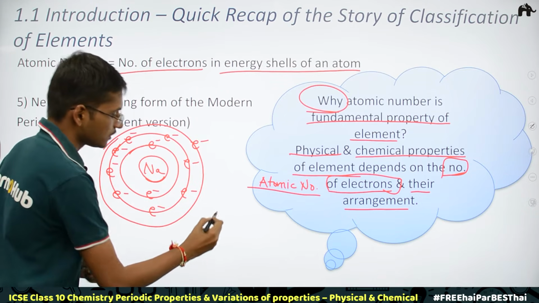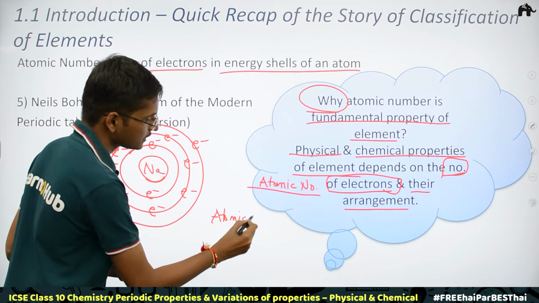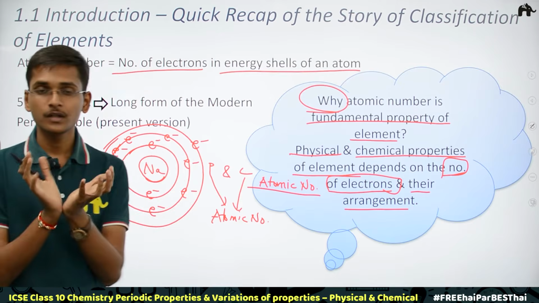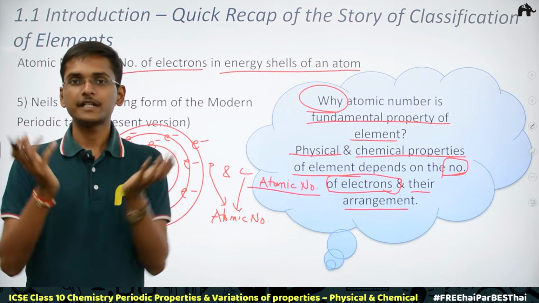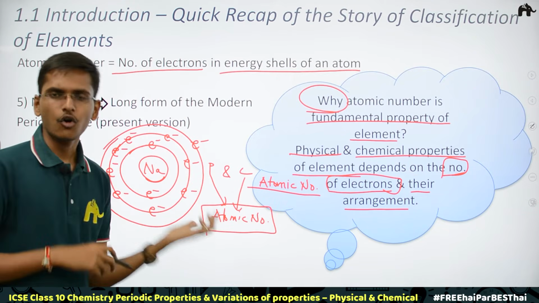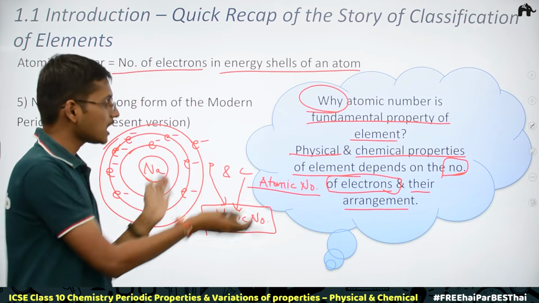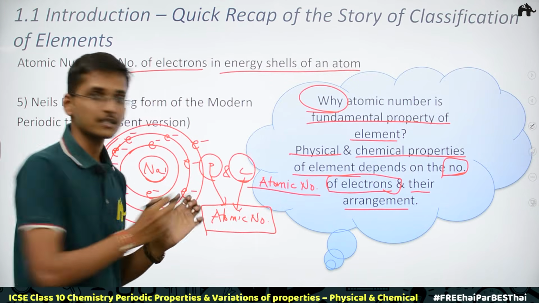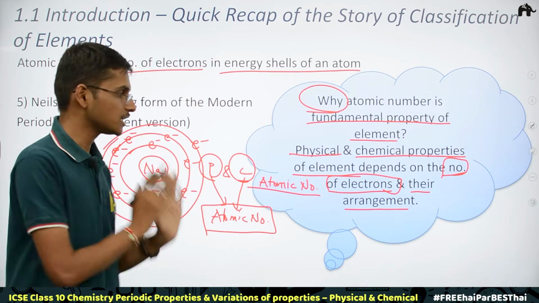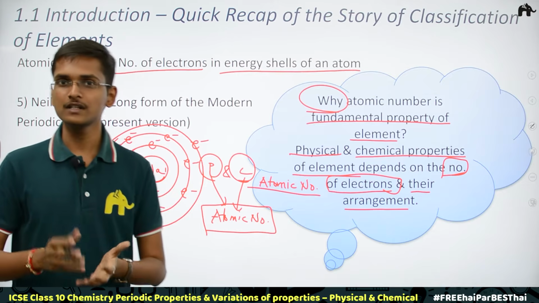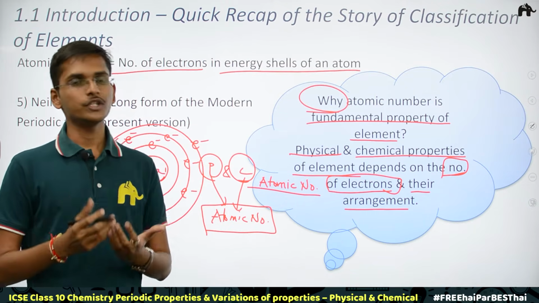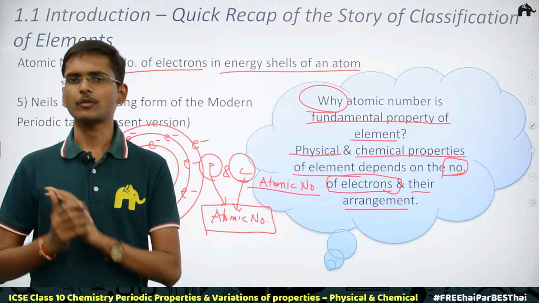If the other physical and chemical properties of the element depend on the atomic number, then this means that yes, atomic number is a basic or fundamental property upon which other properties of the elements depend. So I'm sure you would be convinced right now why atomic number is a fundamental property of an element. And this made Moseley push out the atomic weight term and bring in the atomic number term.